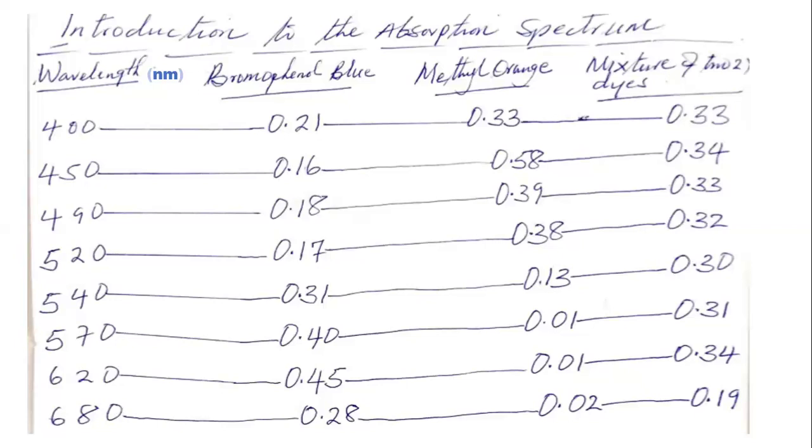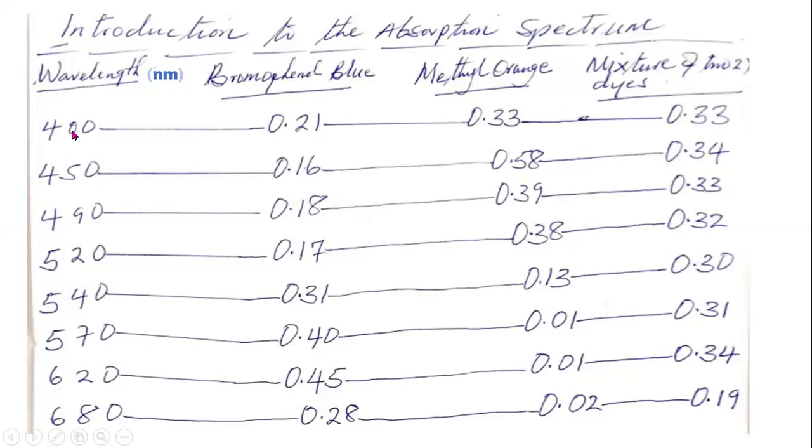So in this experiment, I already have values here for the absorbance at different wavelengths for these two dyes and the mixture. We have bromophenol blue, methyl orange, and also the mixture of the two dyes. At 400 nanometers, this is the wavelength.